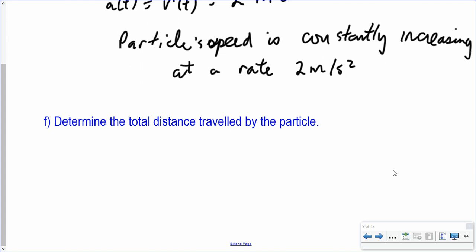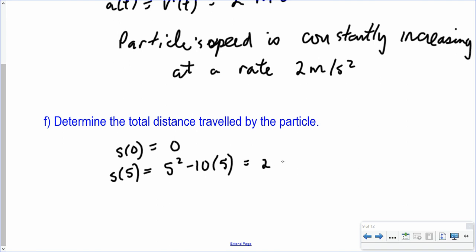Let's find some displacements. Let's show it this way here. S at 0, 0 is an important mark. I think we found that earlier, the distance. Let's find the distance at 5. That was the break point. So the distance at 5 would be 5 squared minus 10 times 5. That would be 25 minus 50, or minus 25. Now remember, my original displacement function is t squared minus 10t.